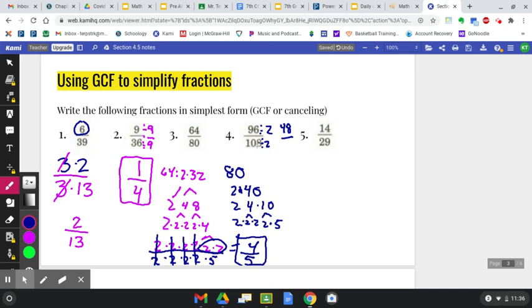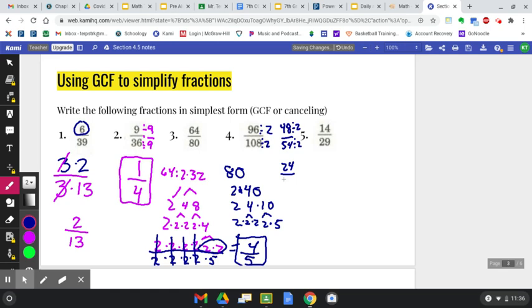And if I divide 108 by 2, I should get 54. Now, I should know that this is not simplified because they're still both even. So I could again divide by 2. 48 divided by 2, I get 24.